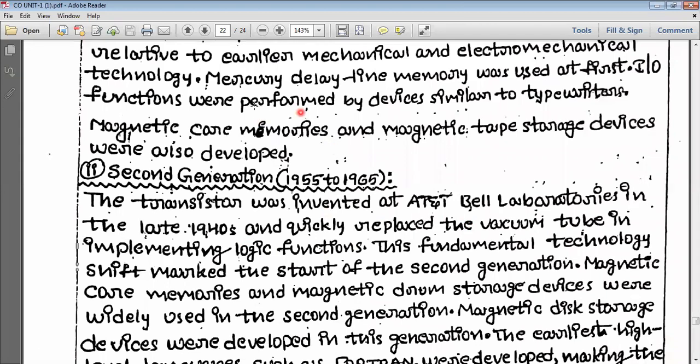In the first generation, we used vacuum tubes to implement logic functions. Vacuum tubes were replaced by transistors in the second generation. This fundamental technology shift marked the start of the second generation.